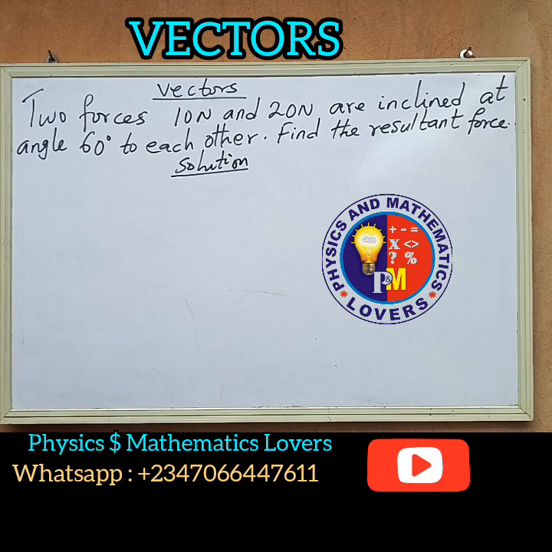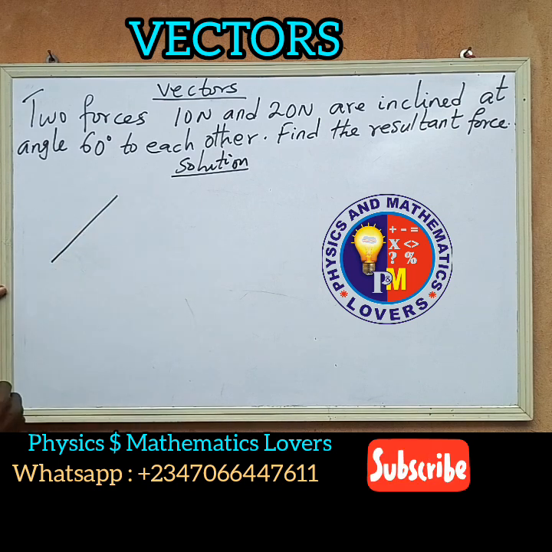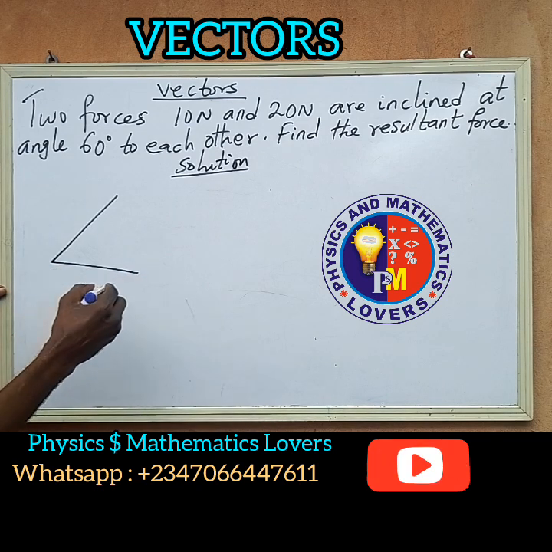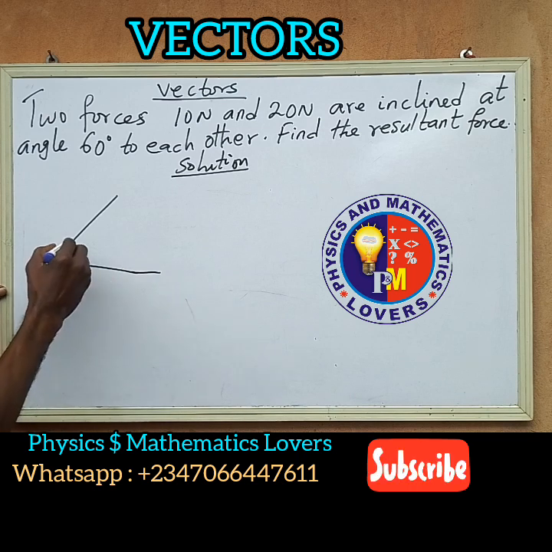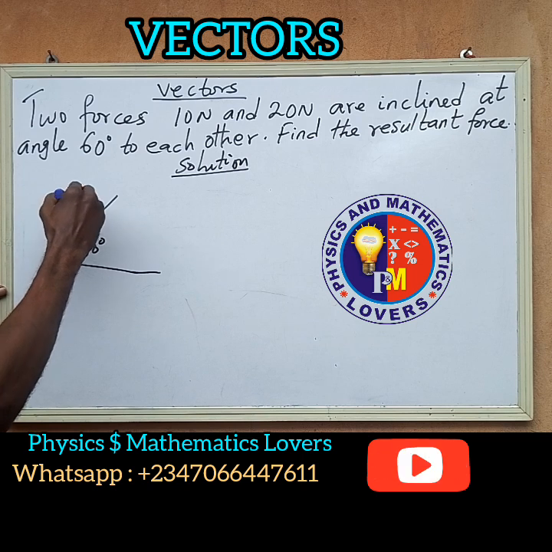So now let us go. It means that, for example, one of the vectors acts in this direction and another one acts this way. This is the angle 60 degrees, and we say that this one is the 10 Newton.